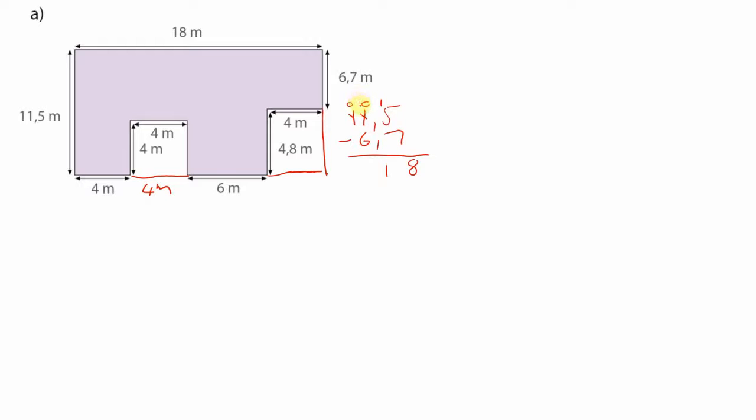So we have 4. So let's just test. 6 plus 4 is 10. 7 plus 8 is 15. Okay, so it's 1,5 plus 10 is 11,5. Yes, it works. Okay, so therefore we know that this portion here is 4,8.